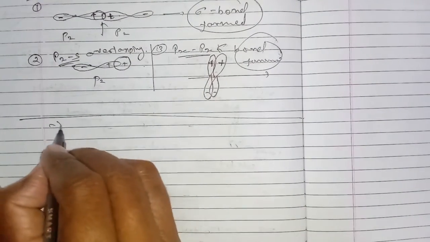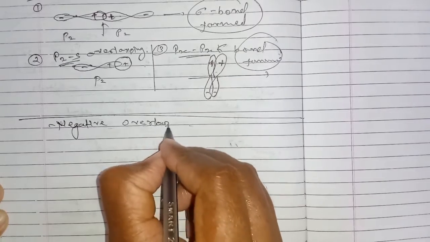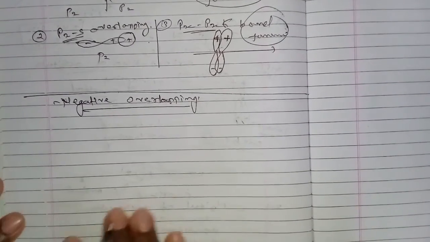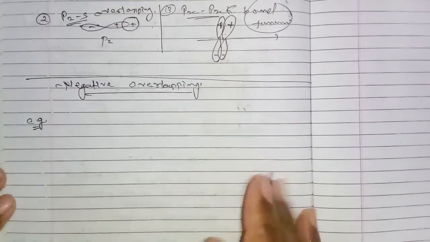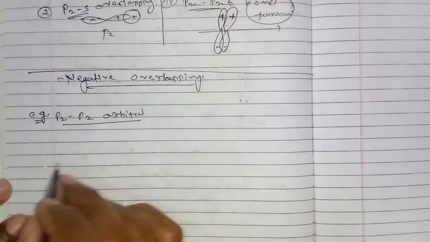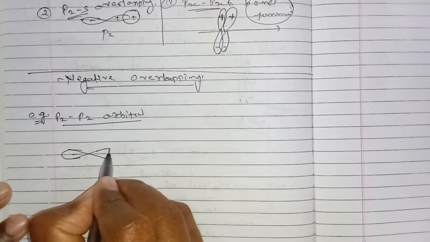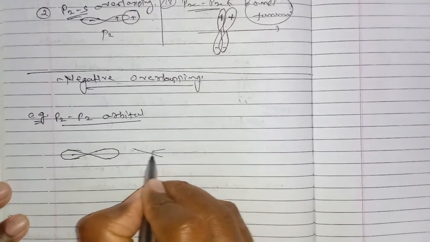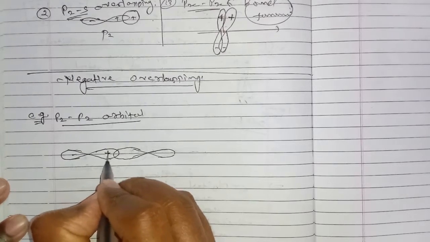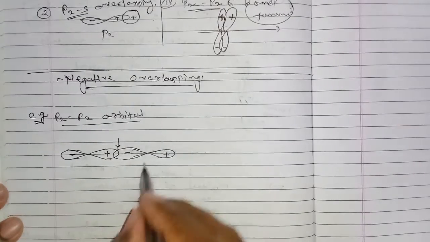And now the negative overlapping. For example, a pz orbital and another pz orbital, but now the signs are opposite, positive and negative.